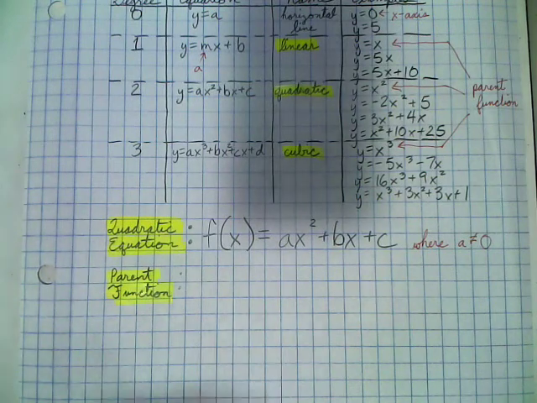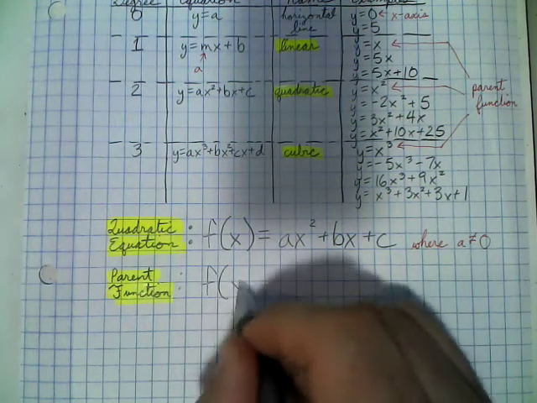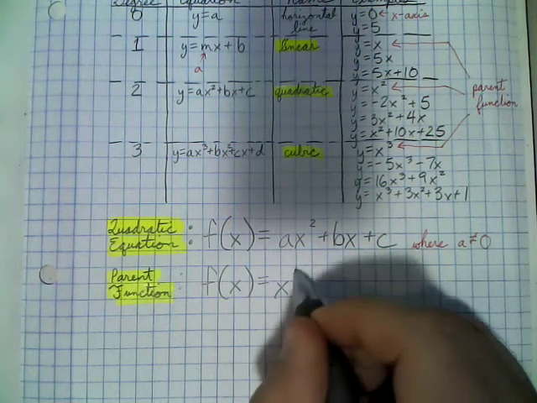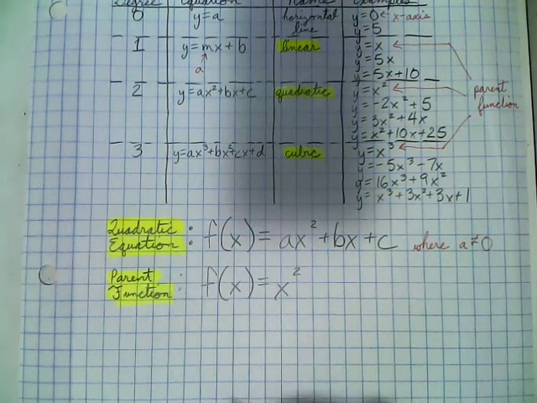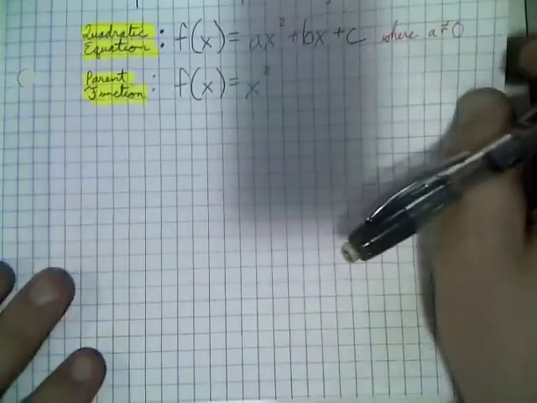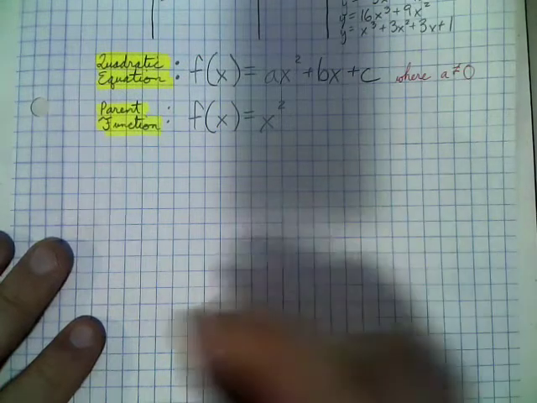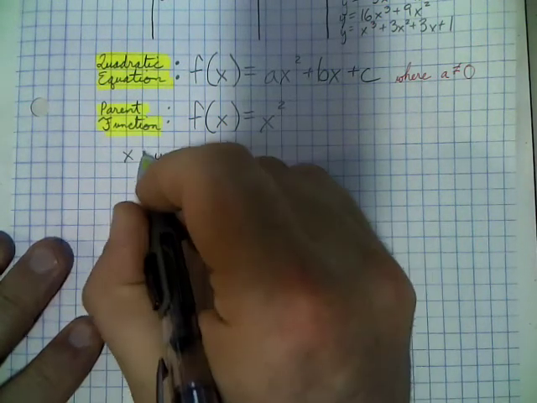So our parent function, remember, is we just make this as simple as we can. And we're going to go ahead and graph this, and this is going to reveal some things about quadratic equations, quadratic functions. So to graph this, we're going to make a table of values.